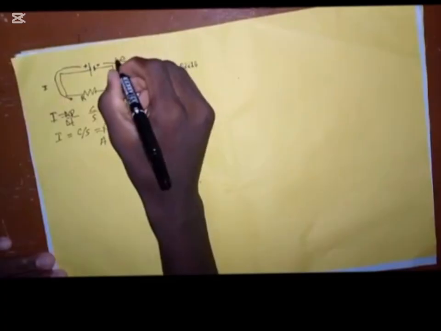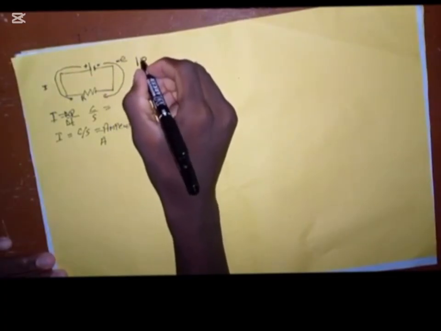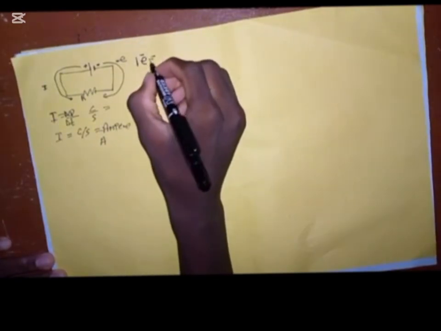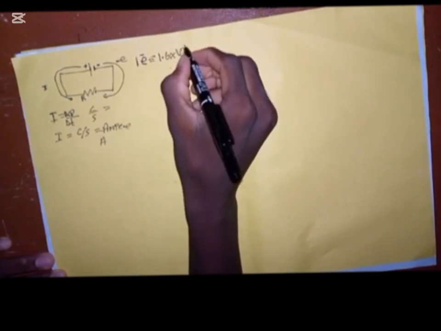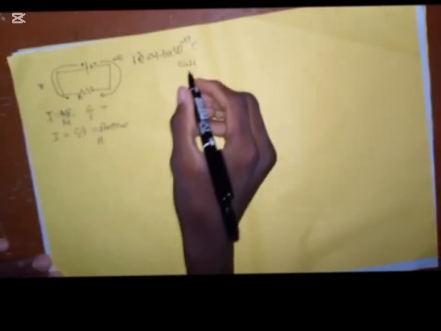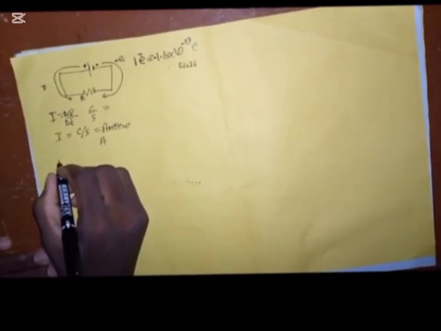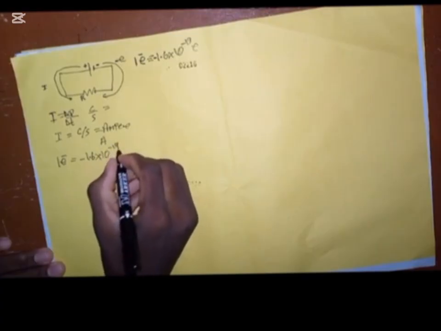Okay, so we have the electron, which is a negative charge. The value of the electron charge is 1.6 times 10 to the power of negative 19 coulombs, but we have a negative sign because it's an electron. So our electron charge is equal to negative 1.6 times 10 to the power of negative 19 coulombs.